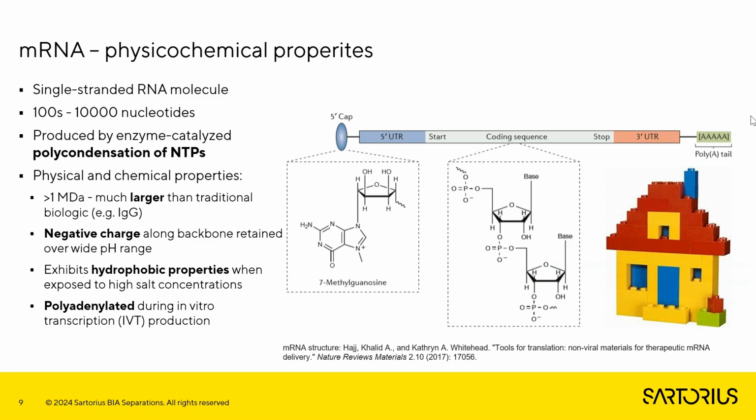The last and most important feature, again often overlooked, of mRNA is the fact that it is produced essentially by a chemical reaction. And when you come to think about chemical reaction, we need to think about building blocks. And so that's why I have this lovely house built out of plastic bricks. I have small children, they love playing with those.